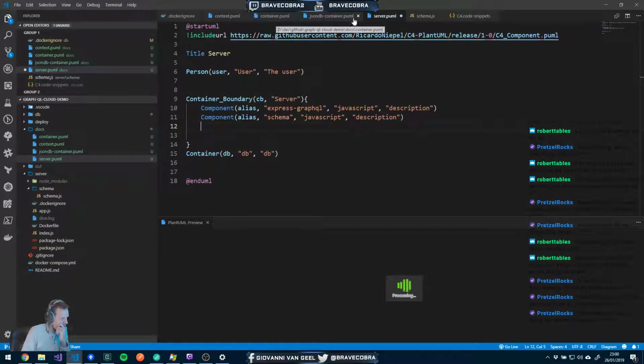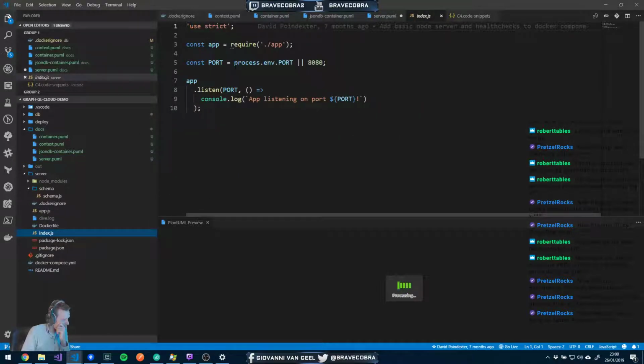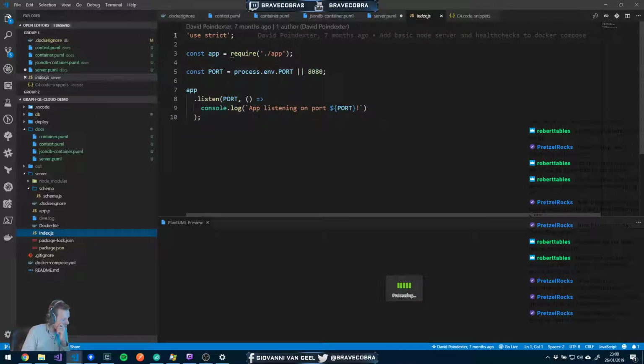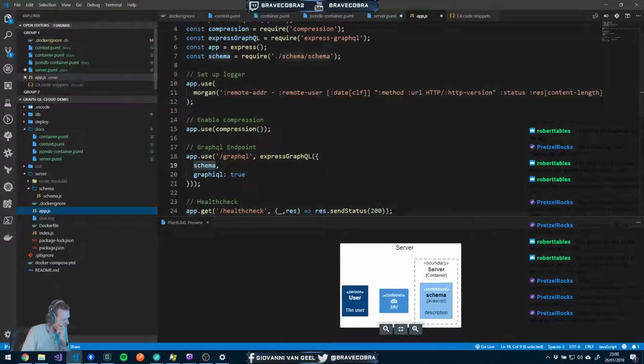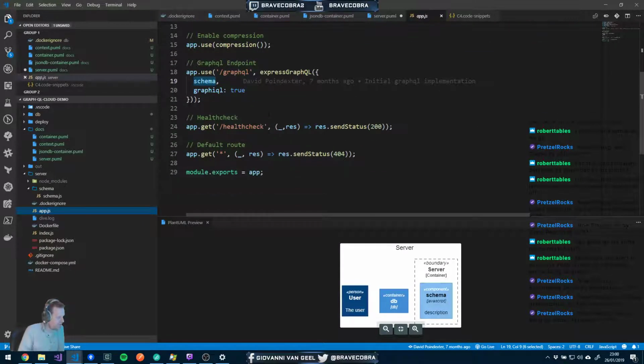And then we have an app listing on ports, etc. Okay.